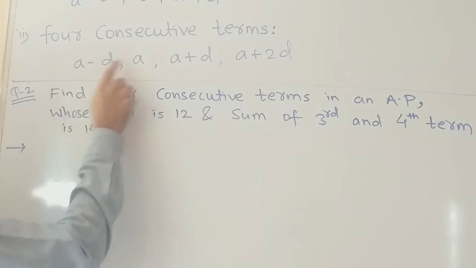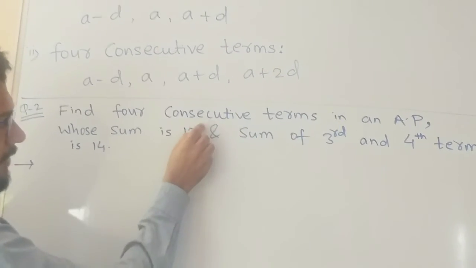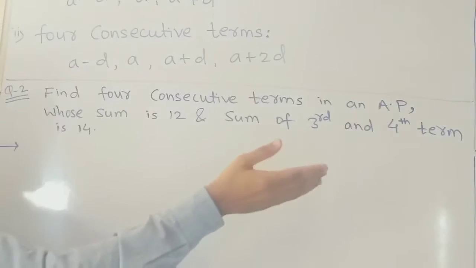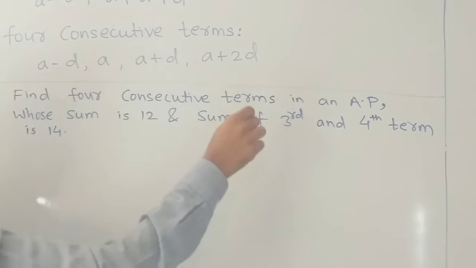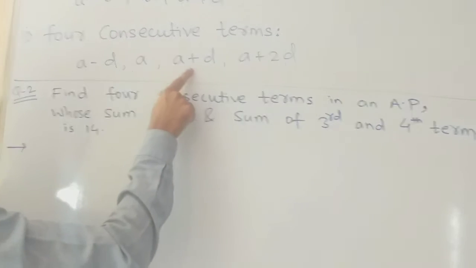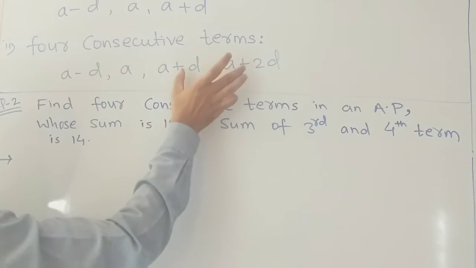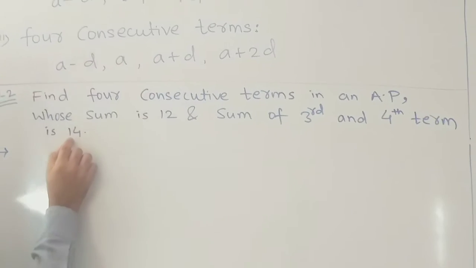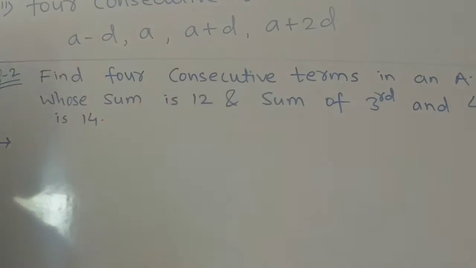Means if you add a minus d, a plus d, and so on, you will get 12. And the second condition says the sum of the third and fourth terms, by position. This is the first term, this is the second term, this is the third term, and the fourth term is here. So the sum of these two terms is 14. Using these two conditions we have to find the 4 consecutive terms.